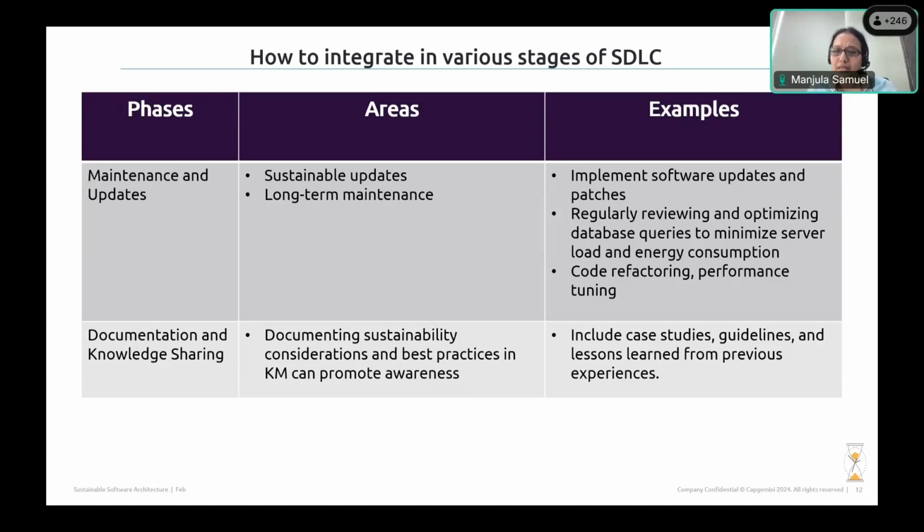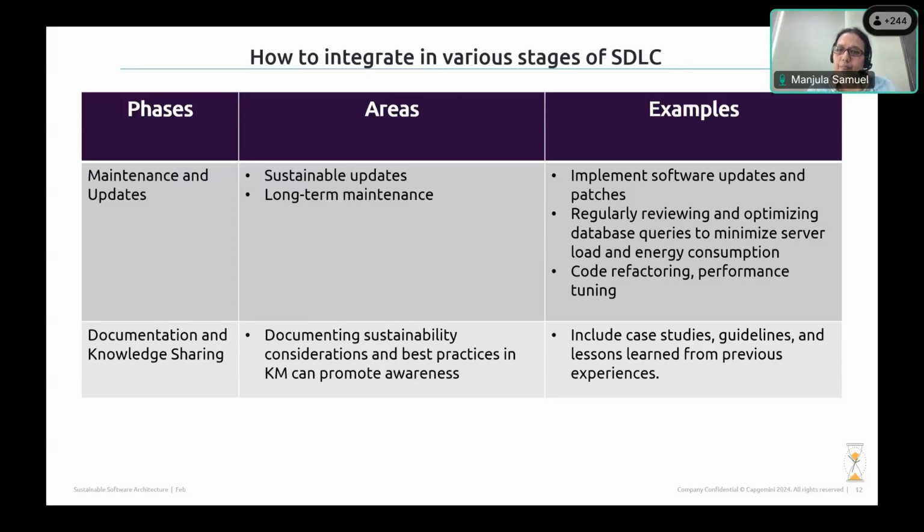So next, once we collect and analyze the data, we identify the trends, patterns, and areas for improvement, be it in energy efficiency, resource optimization, or environmental impact. And then we interpret these performance metrics to assess the effectiveness of sustainability initiatives and to make data-driven decisions to optimize the software.